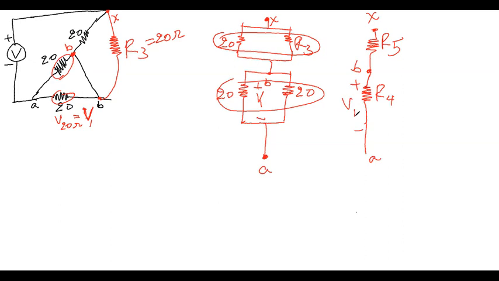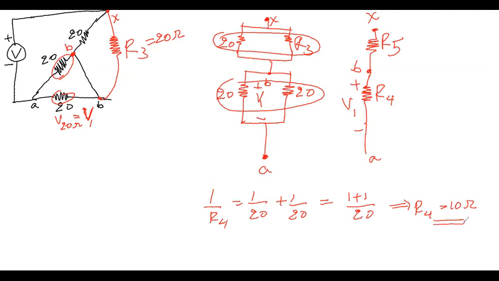Now how much is R4? R4 is a parallel combination of 20 and 20. So 1 over R4 is 1 over 20 plus 1 over 20, which is actually 2 over 20. Definitely R4 is 10 ohm.